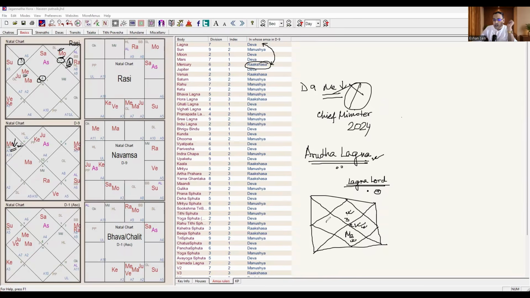Now, if your Mercury was over here, then you will see that it falls into the 7th house. Then count 10 from the 7th house. This house itself becomes your Arudha Lagna. The 4th house becomes your Arudha Lagna. So Arudha Lagna is basically how the world sees you.